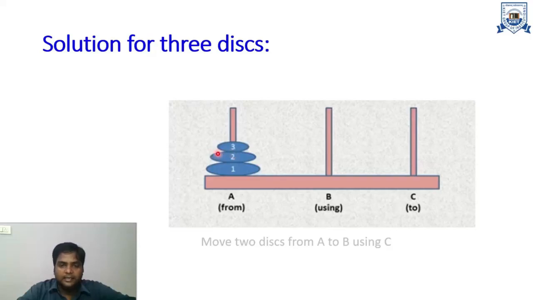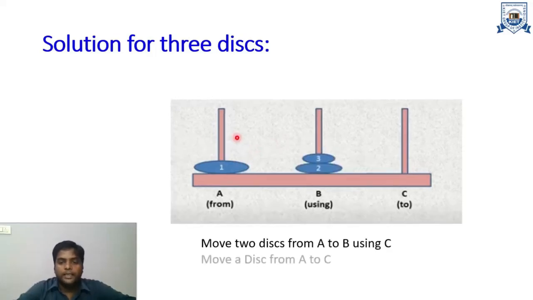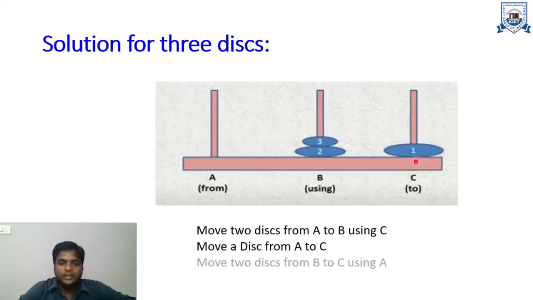I explained it earlier in the previous example for two disks. So it is very easy for us to move these two disks from one tower to another tower. So first of all, we move two disks from tower A to tower B using C. Now we move a disk from tower A to tower C. It can directly be moved. So the next step is to move a disk from A to C, and we move it.